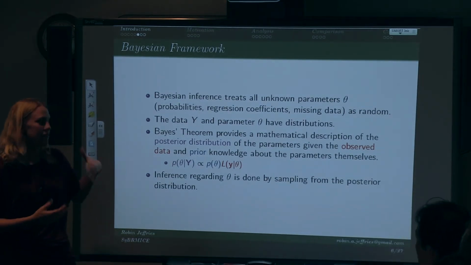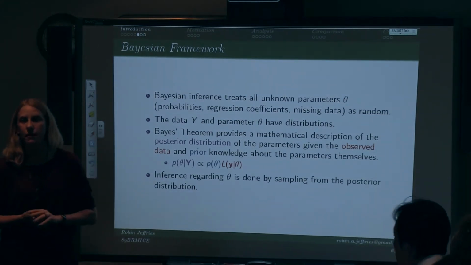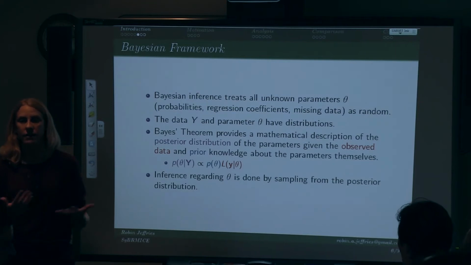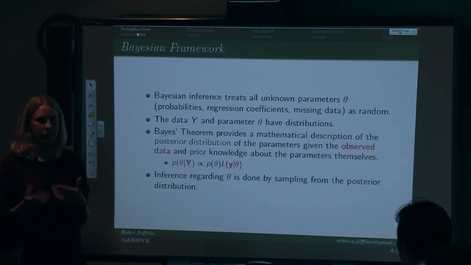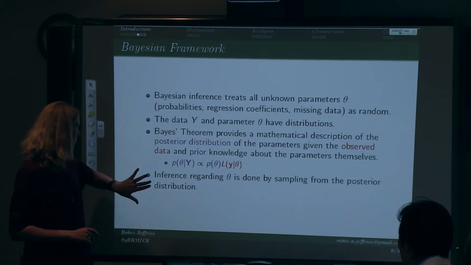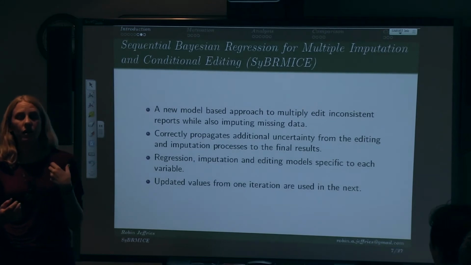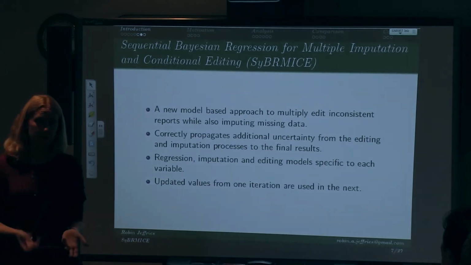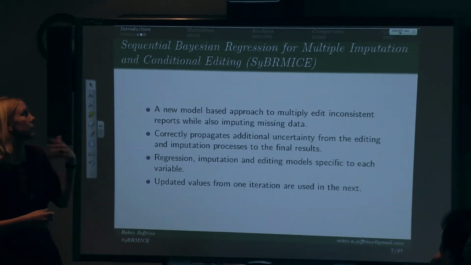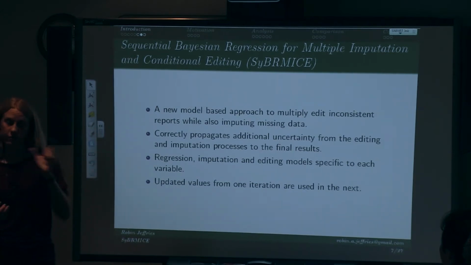So, other than just reminding you that this is done under the Bayesian paradigm, I'm not going to get into a lot of the details about the nuances of the sampling and stuff that I've used. This methodology that I developed as part of my dissertation, I call it the Sequential Bayesian Regression for Multiple Imputation and Conditional Editing.